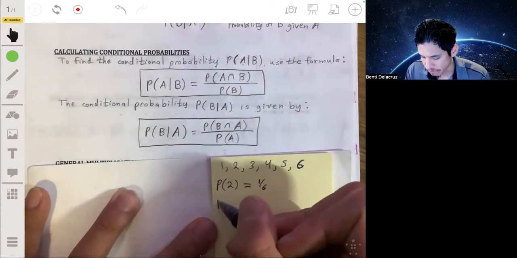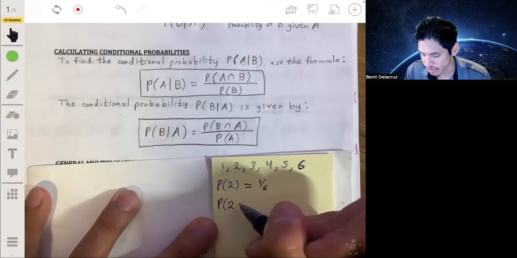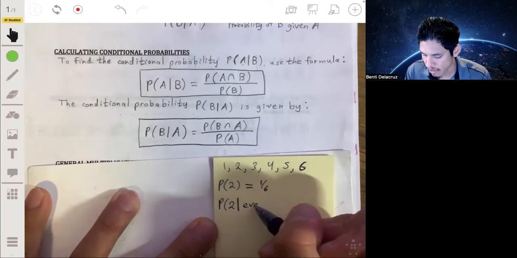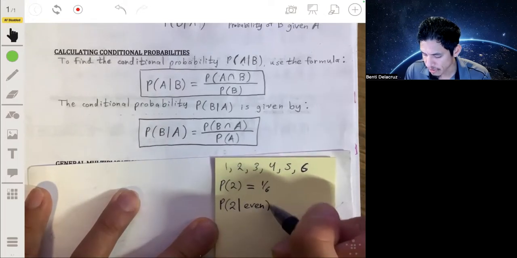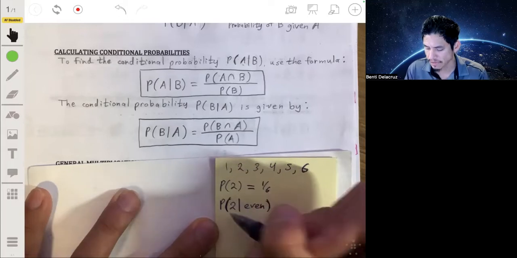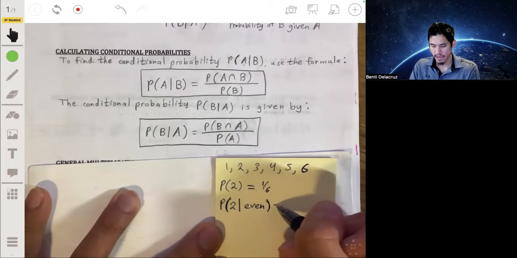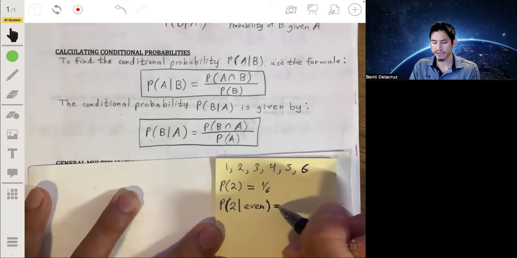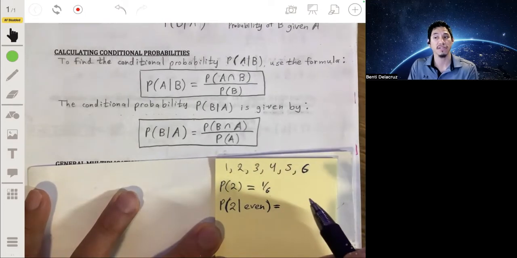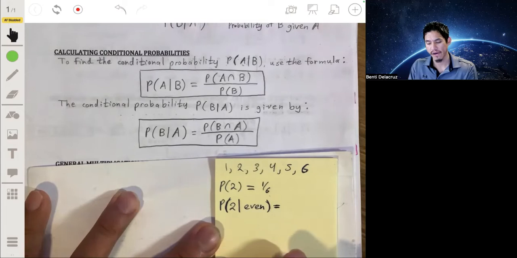Now, what's the probability of rolling a 2 given that you rolled an even number? You don't know what that number is, but I told you, hey, you rolled an even number. What's the probability of it being a 2? Think for a second.